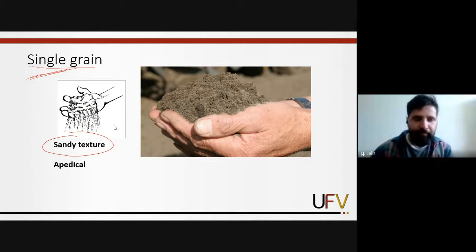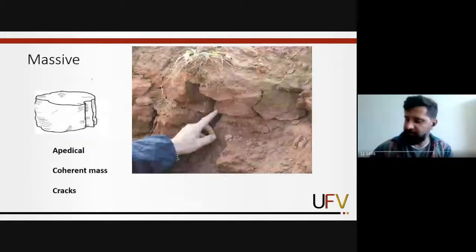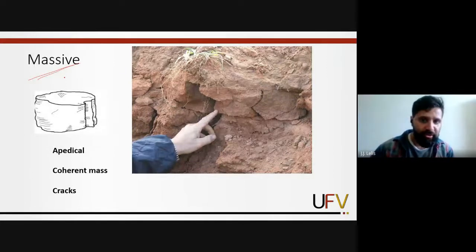Okay. And we can see this in the massive structure too. The massive structures are structures where we can't see an organization of the primary particles. So sand, silt, and clay are not organized in pads.